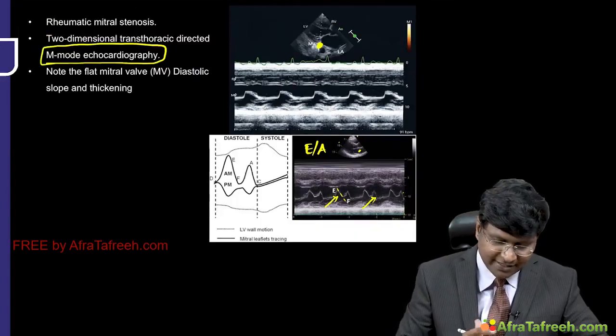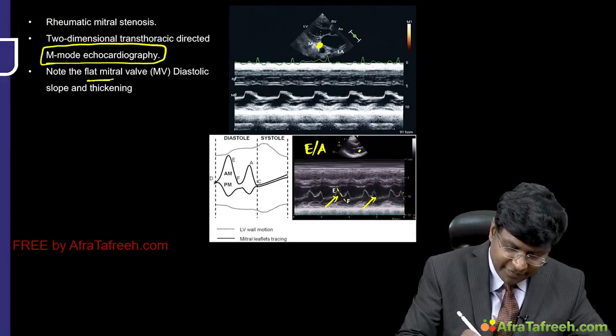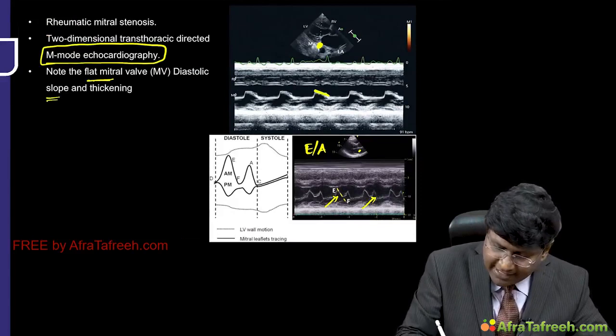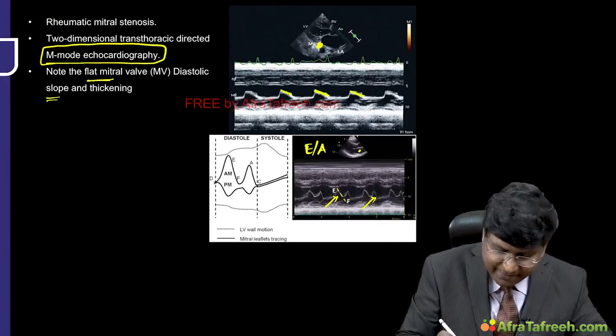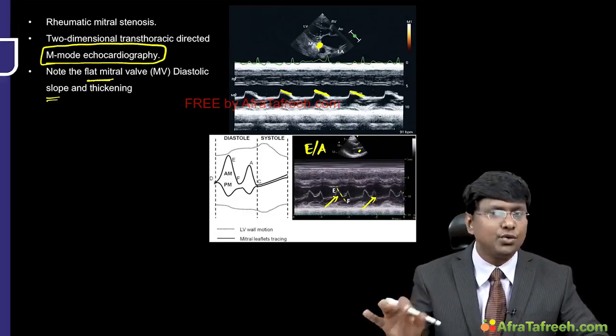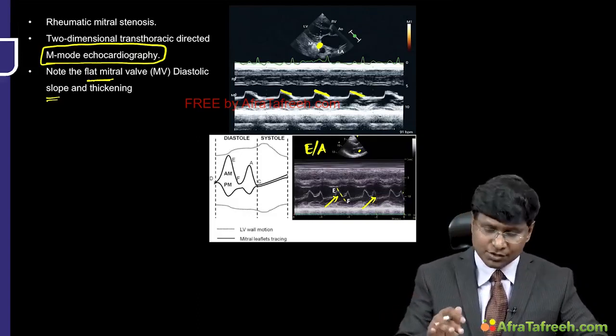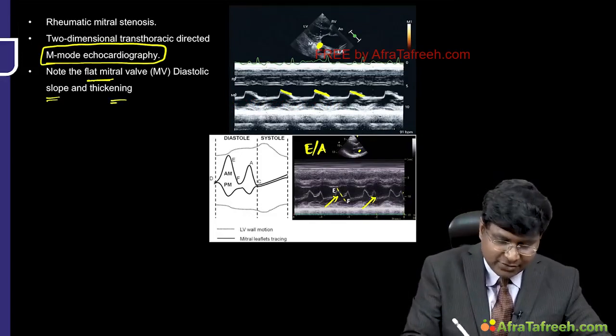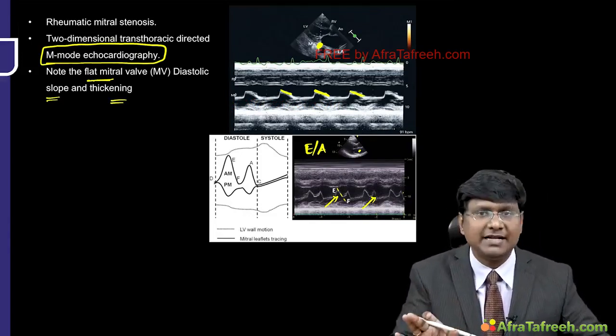But in patients with mitral stenosis, you see, there will be flat mitral valve diastolic slope. You don't have this classical E by A slope, right? E pattern, A pattern, you don't have in mitral stenosis. So you have flat mitral valve diastolic slope as well as thickening of the mitral valve leaflets.